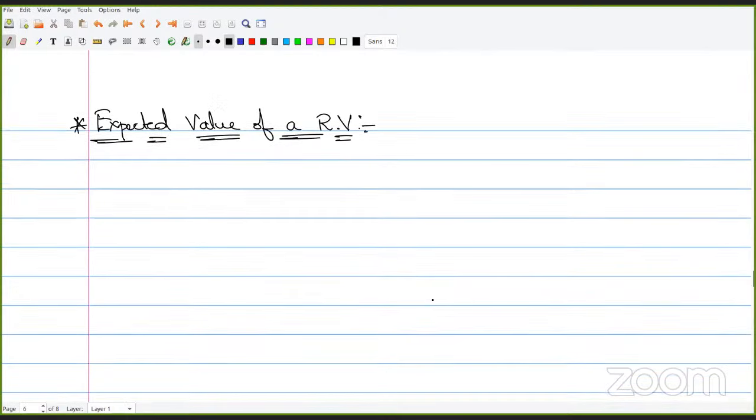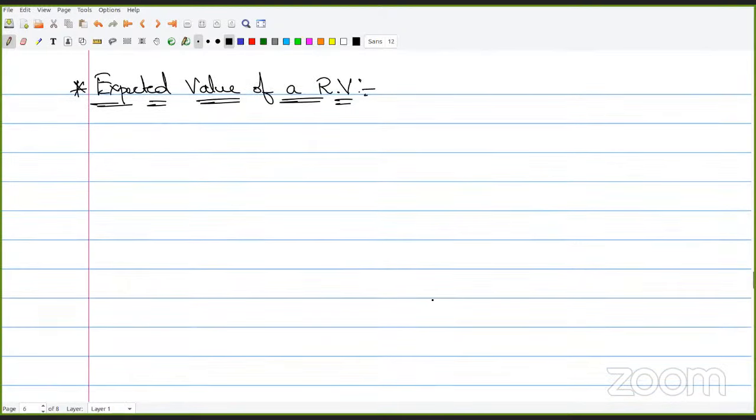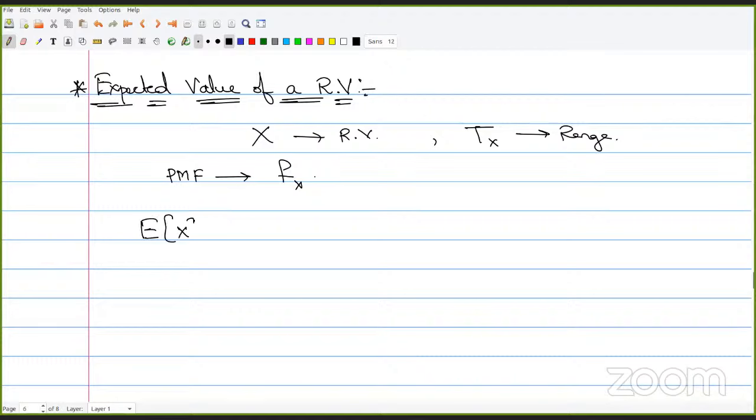Okay, now let's come to the expected value of a random variable. Let us say x is a random variable, and Tx is the range of this random variable, and this random variable has PMF fx. Now the expected value of x is given like this.